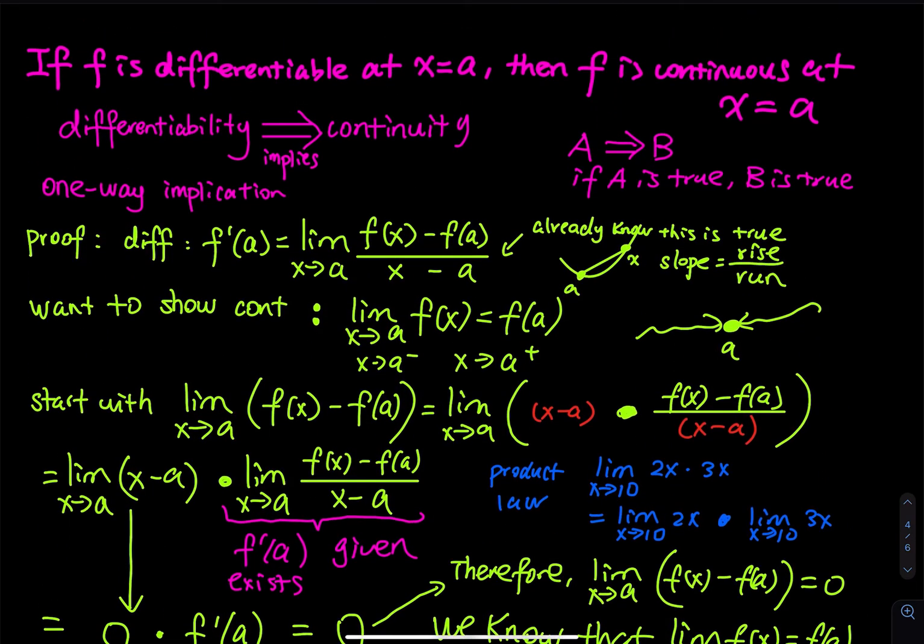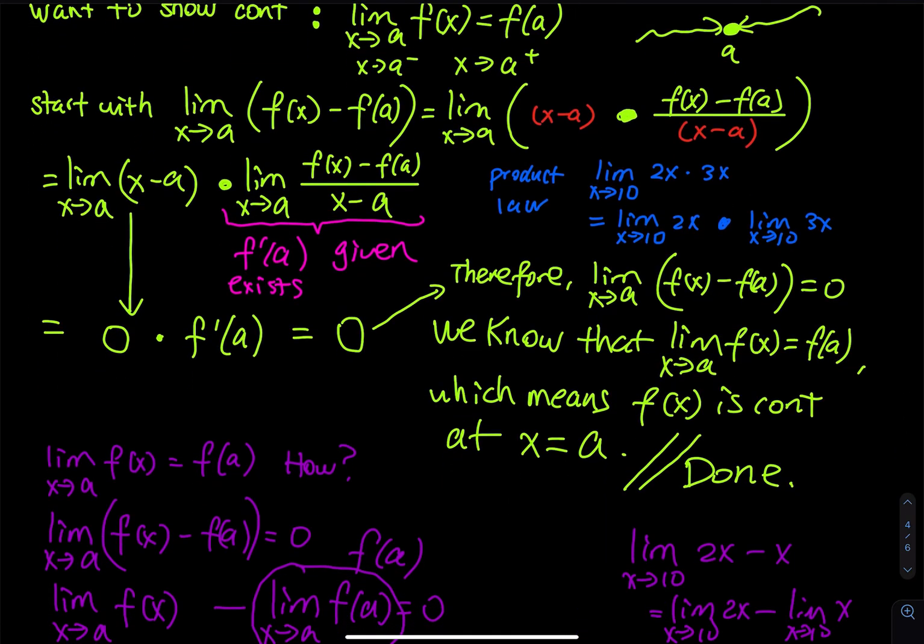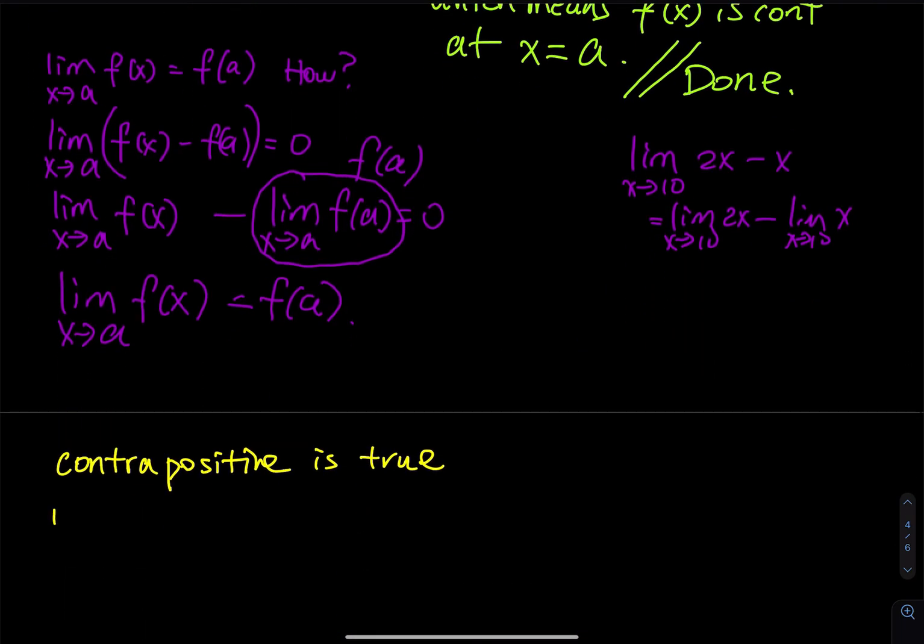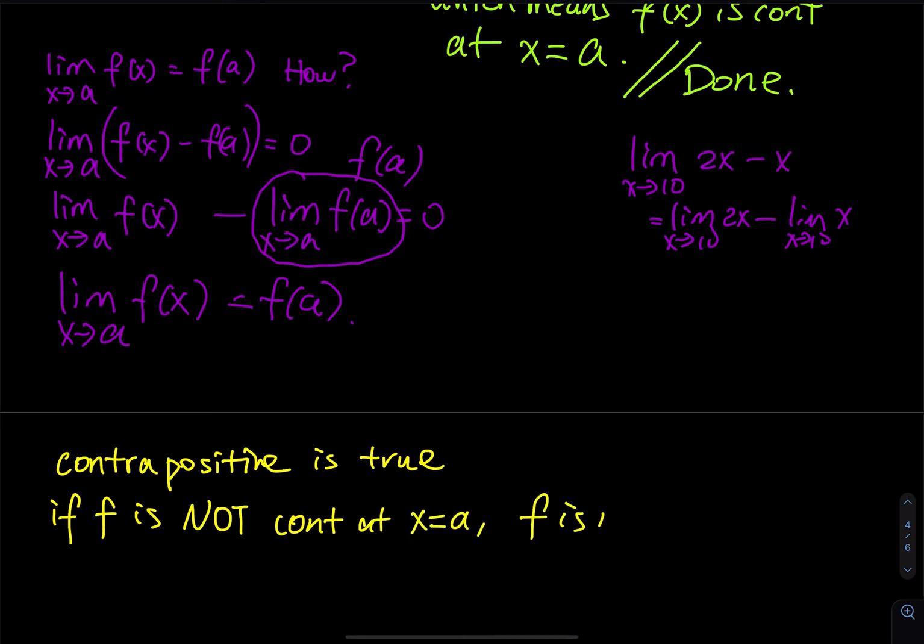The theorem says if f is differentiable, then f is continuous. The contrapositive is if f is not continuous at x equals a, then f is not differentiable at x equals a. That's the contrapositive.